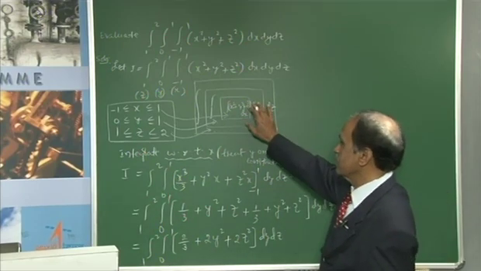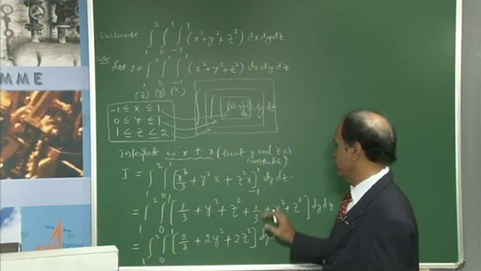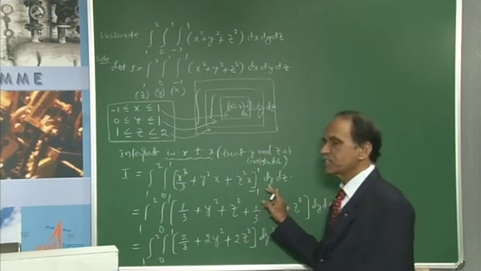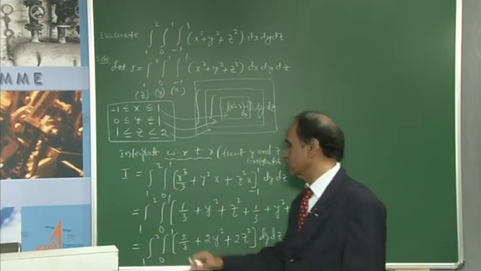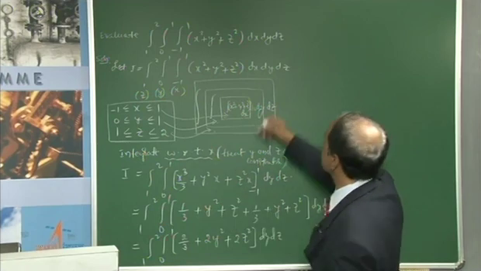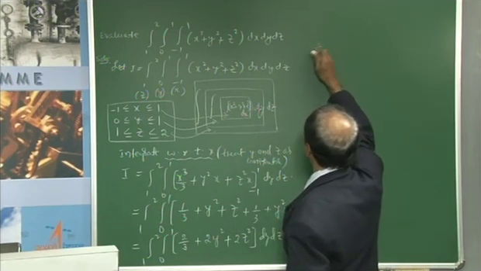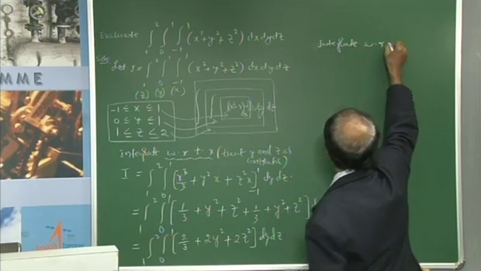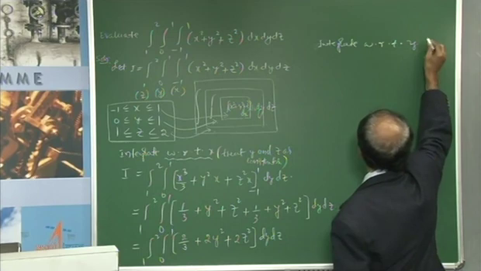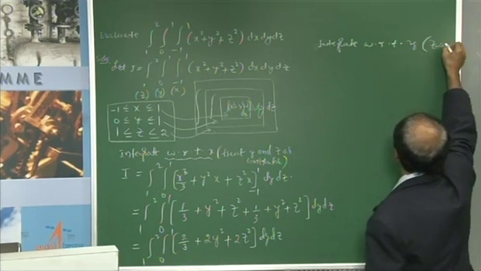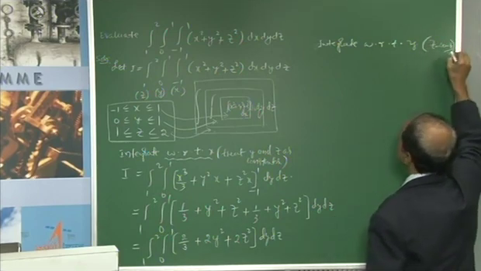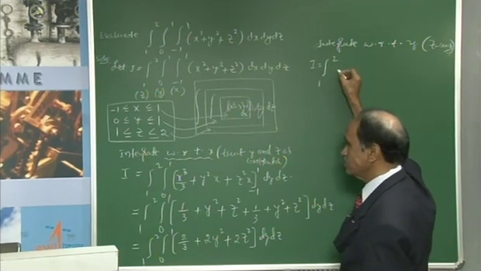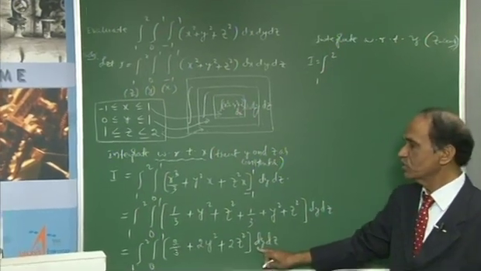First we integrated with respect to x, then accordingly we substituted the limits. Now from this step we are going to integrate with respect to y. Anyway, 2 is common, otherwise you can leave it there itself. Then we can write: integrate with respect to y. In this case z is constant, then I is equal to the integral from 1 to 2, integrating with respect to y.